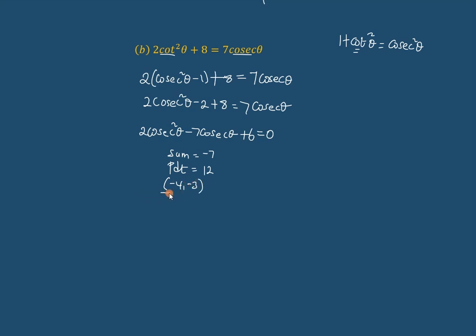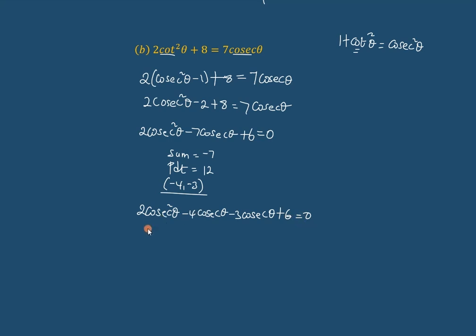I get these numbers and distribute them in the place of the 7 cosec. So I have 2 cosec squared theta, minus 4 cosec theta, minus 3 cosec theta, plus 6 equal to 0.